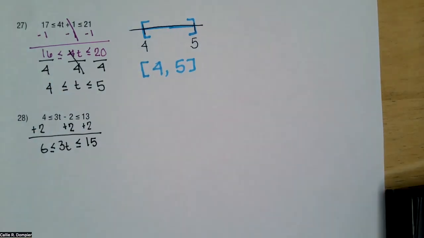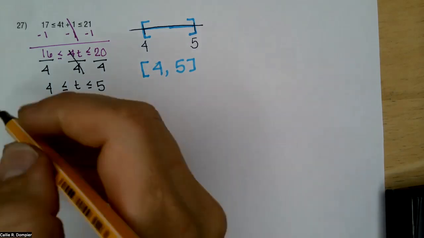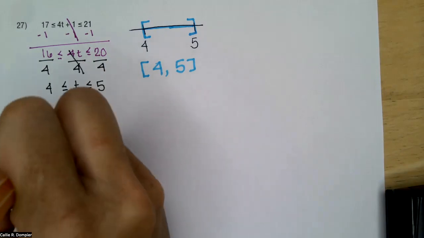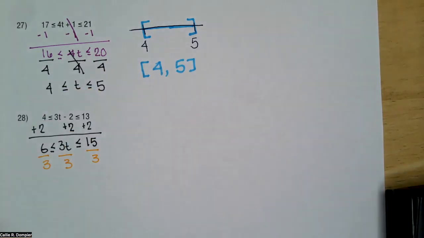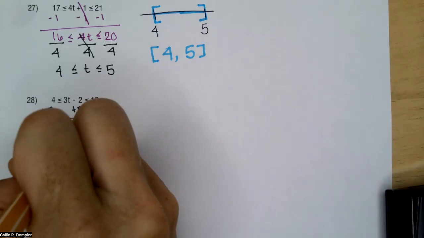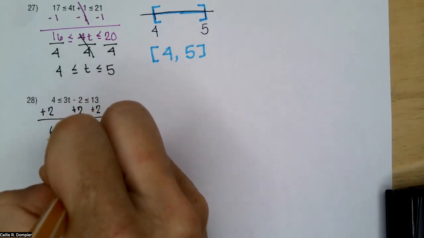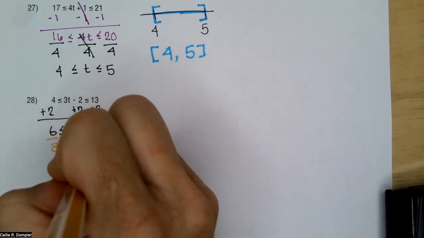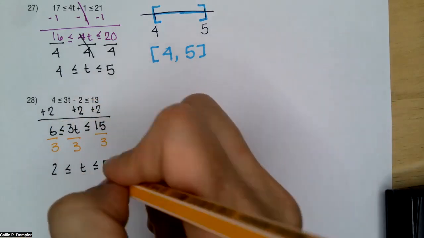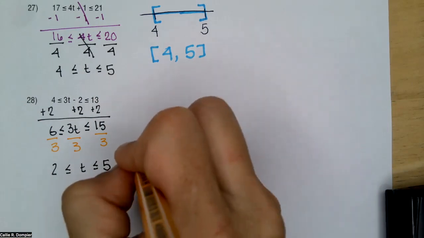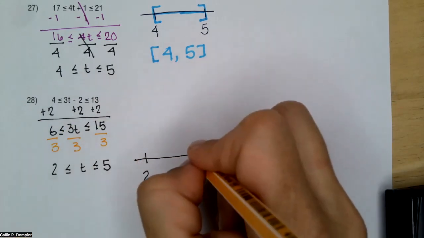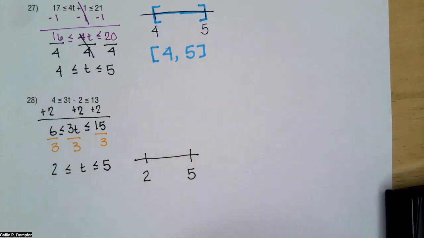Now what's happening? The t is being multiplied by 3, so I need to divide by 3. 6 divided by 3 gives me 2. 3t divided by 3 just leaves me with t, and then 15 divided by 3 leaves me with 5. I'm going between 2 and 5.